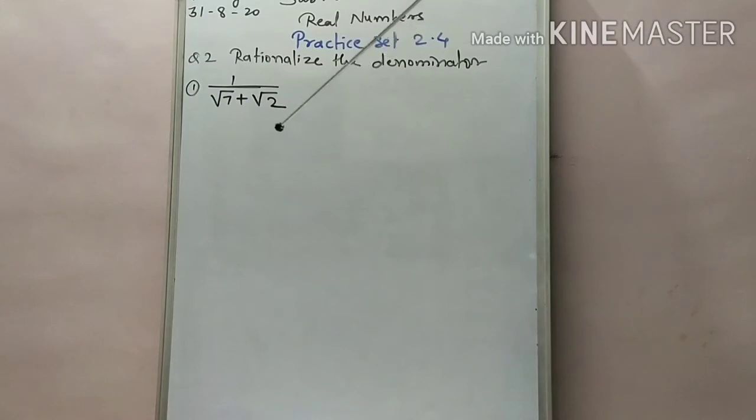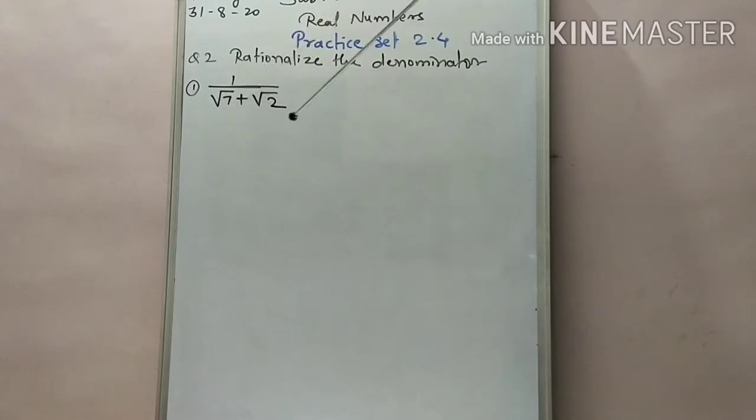But here, as you observe, we have the addition of two irrational numbers, root 7 plus root 2. Maybe here the sign is minus, meaning there is subtraction of two irrational numbers, or maybe there is an example where one is a rational number, one is an irrational number, and there is addition or subtraction.